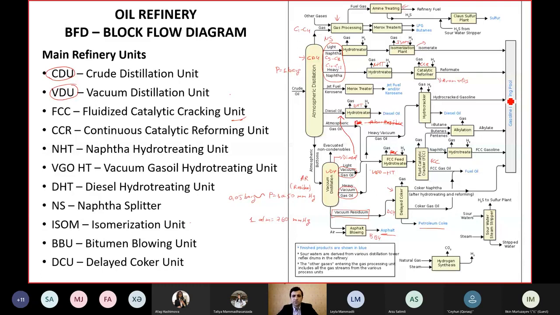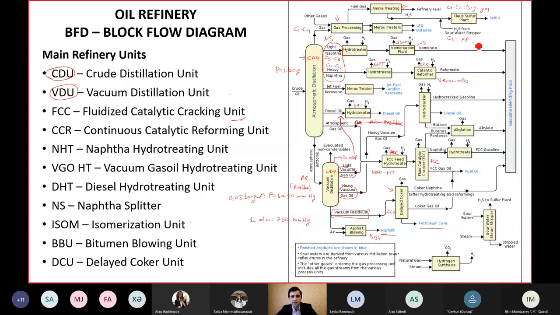It's a gas processing plant. We have the gases from C1 to C4. What we do, we treat them, we clean the sulfur in gases, and also we split them to C1 and C2, which is dry gas, C3, which is called the propane-propylene fraction, and C4, which is called the butane-butylene fraction.